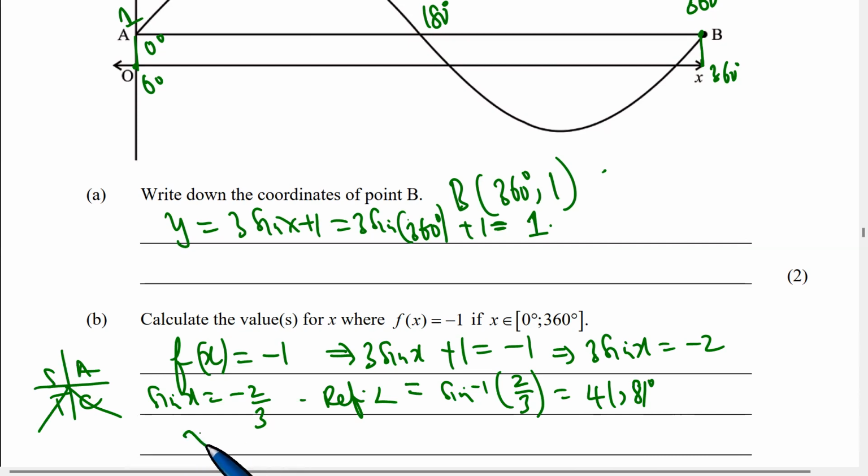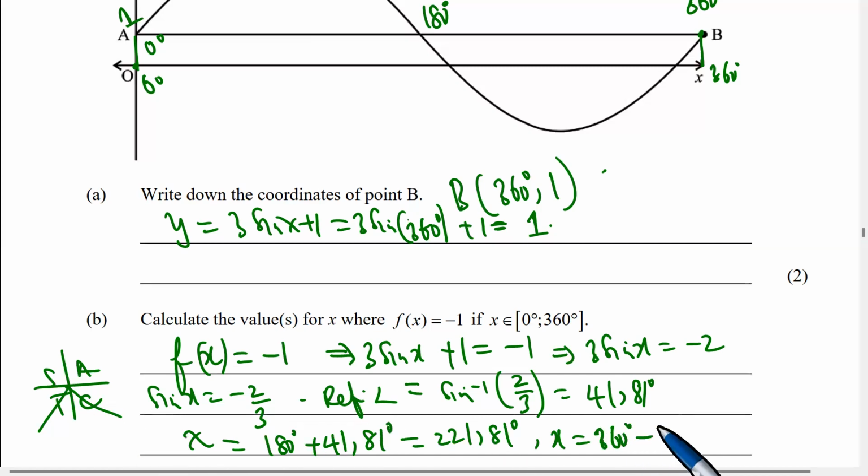So x is 180 degrees plus 41,81 degrees, which is 221,81 degrees. The other one is 360 degrees minus 41,81 degrees, which is 318,19 degrees.